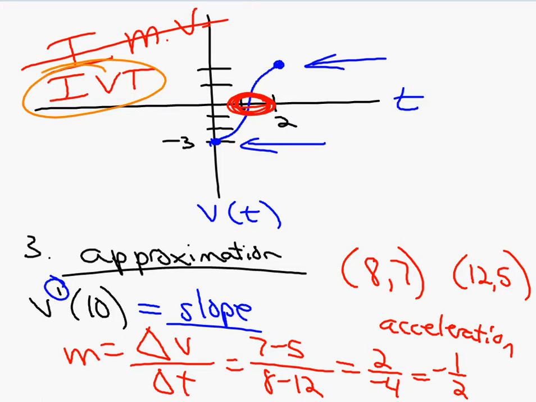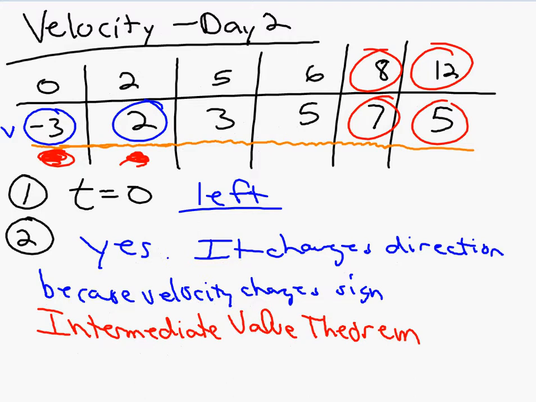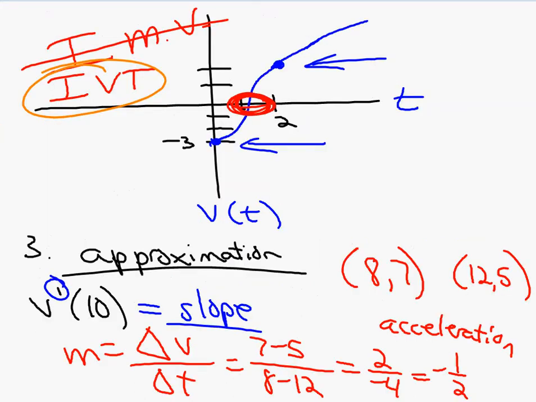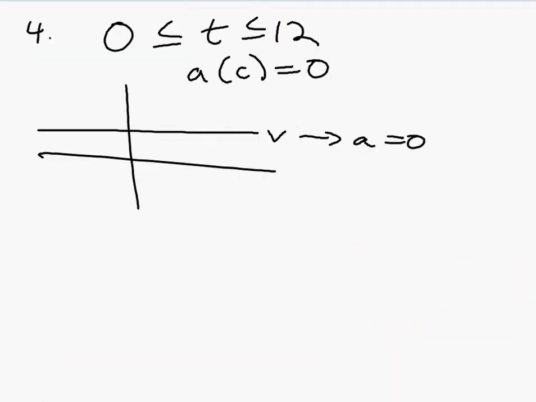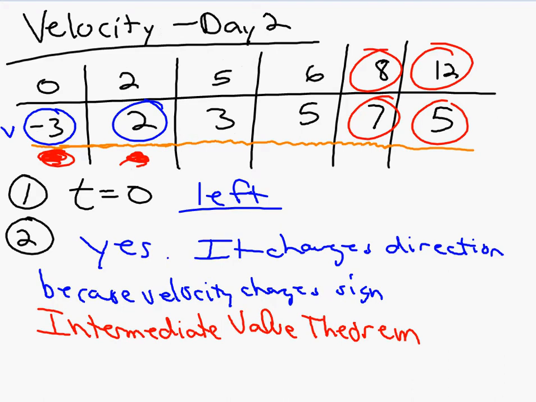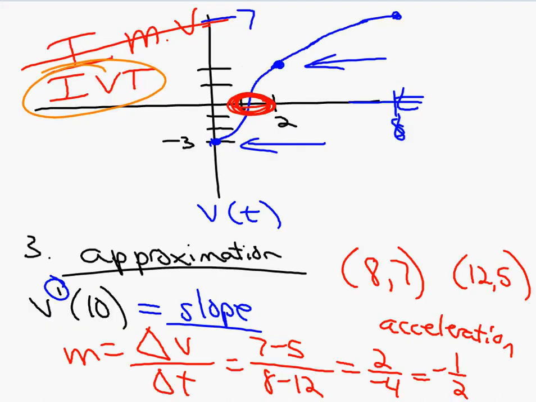If I continue this graph, it's going to keep going up. At time 8, it was up to 7. But then at time 12, it's down to 5. It's down here someplace at 5.